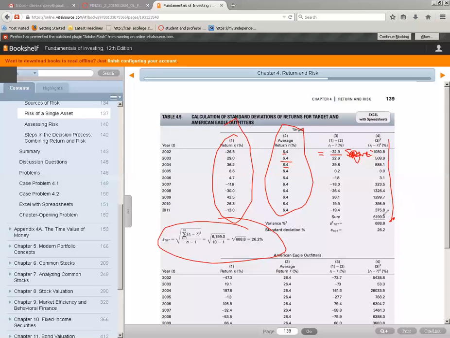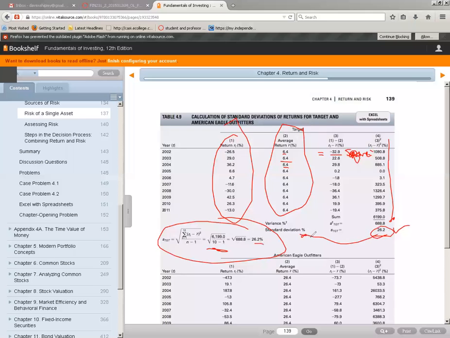Then we take the square root of the total over the number of periods minus 1, which is what this is right here, that second step. Then we're going to take the square root of that result. In this case it was 688.8. So on your calculators you can take the square root of a number and that will give us the percentage. That percentage is our standard deviation.